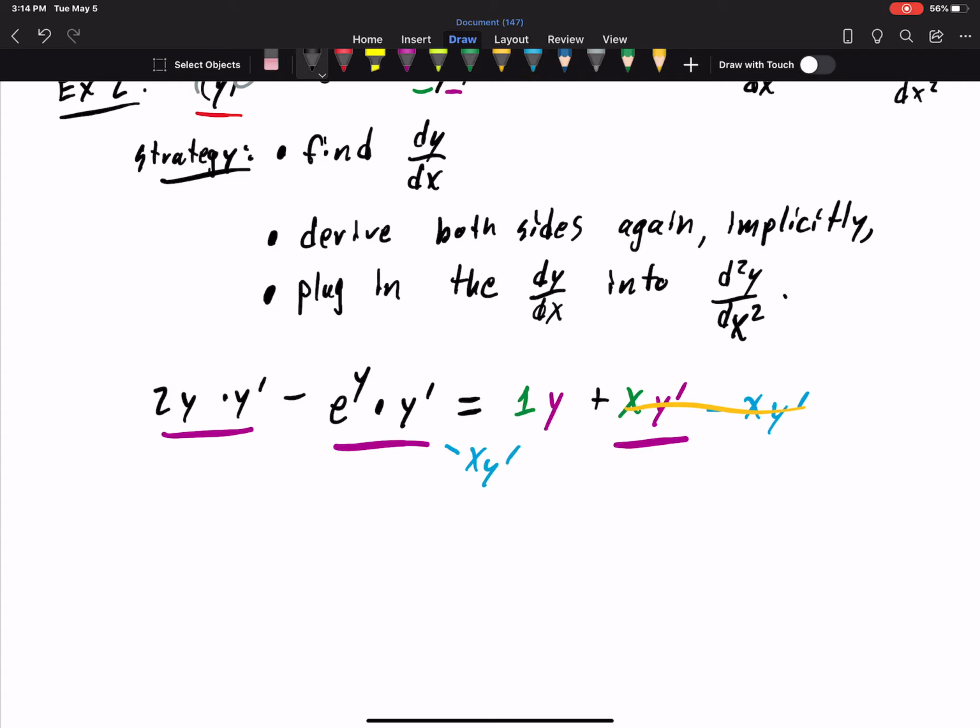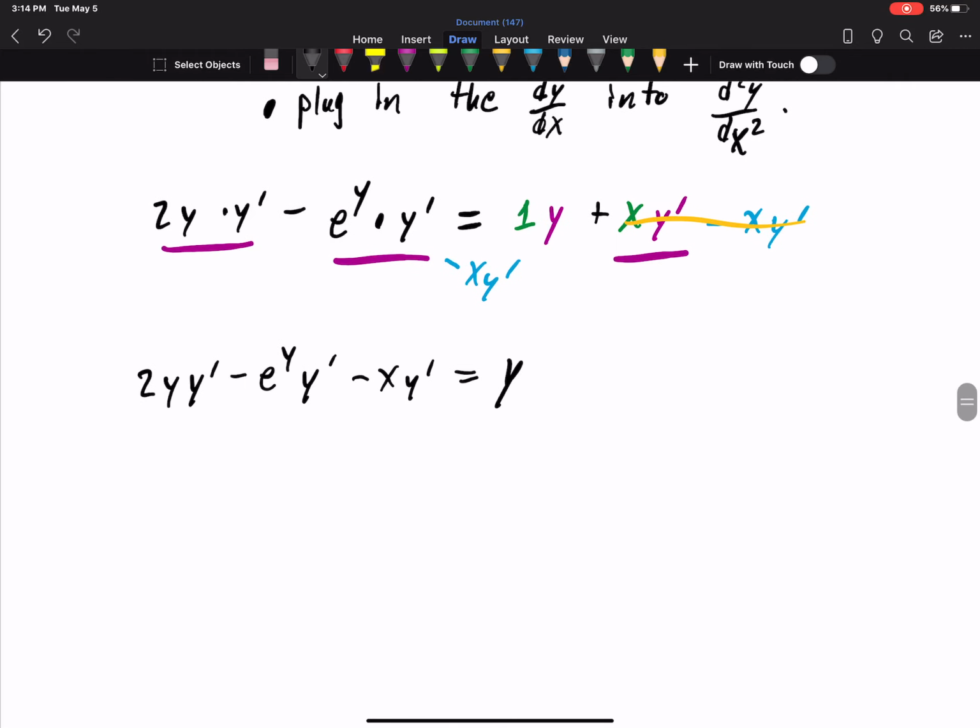So rewriting, we have 2y y prime minus e to the y y prime minus x y prime is equal to y. 1 times y is just y. And that's basically it. We have all of this is equal to y.